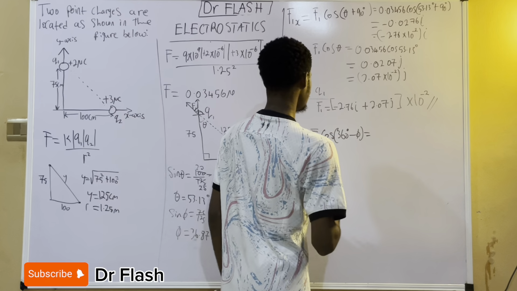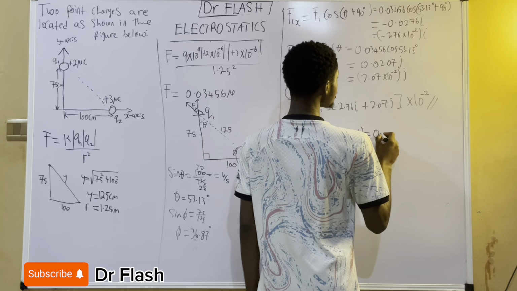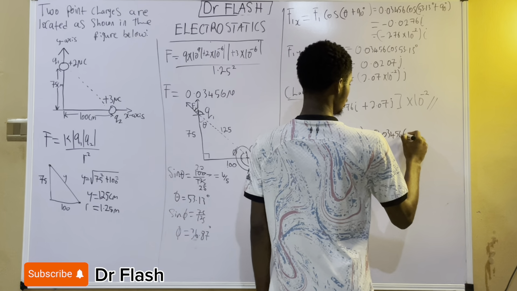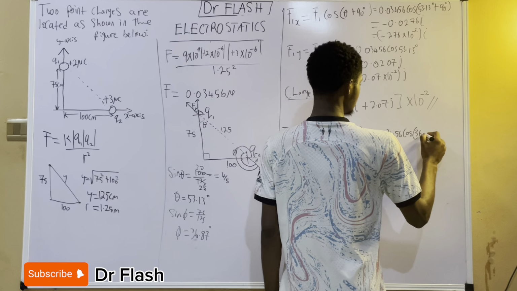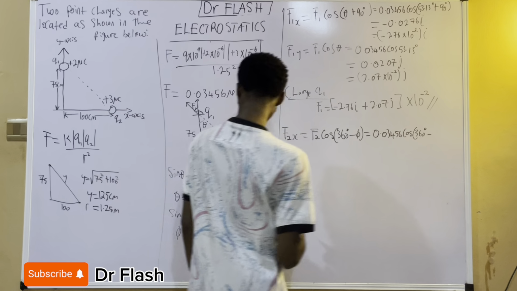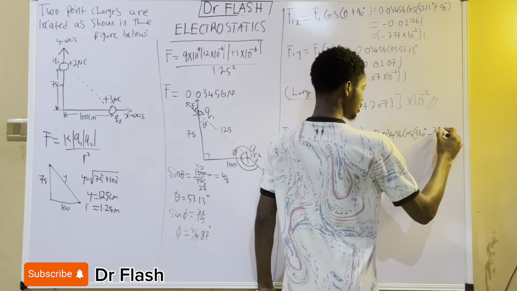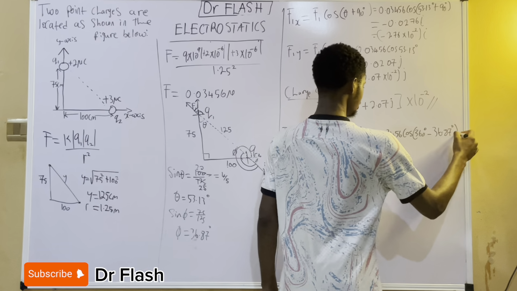Now what is f2? Still 0.03456 cosine of 360 degrees minus, what is phi? We have phi as 36.87 degrees.